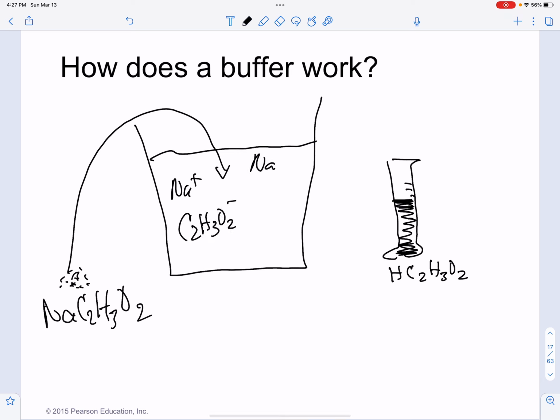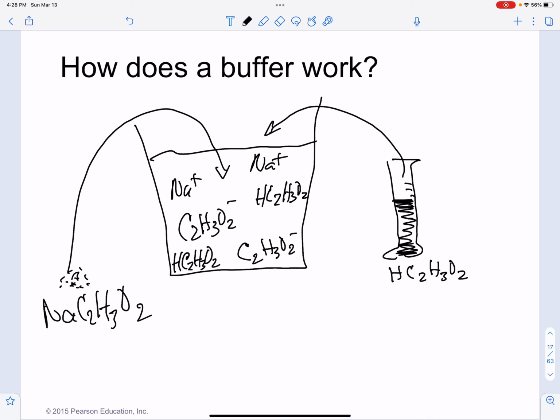You got some more sodium flowing around and some more of the acetate. And then you add the acid to it, and now you're going to have your acid in there. You're trying to add similar molar amounts, right? And now you have your buffer because you have a weak acid and its conjugate base present in the system.